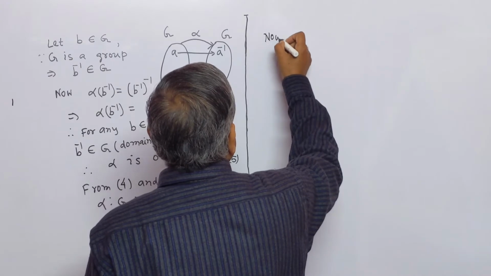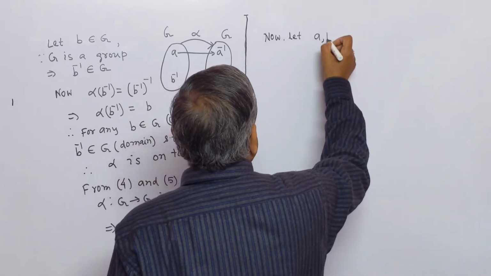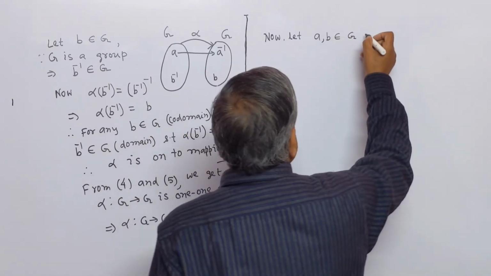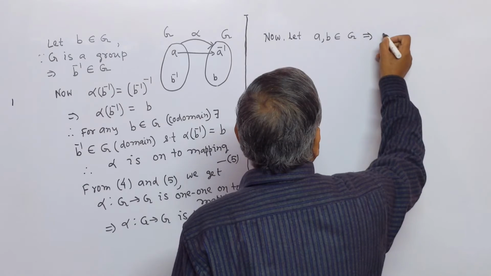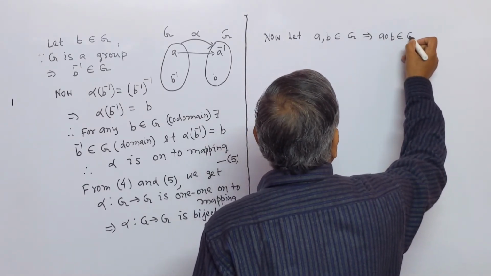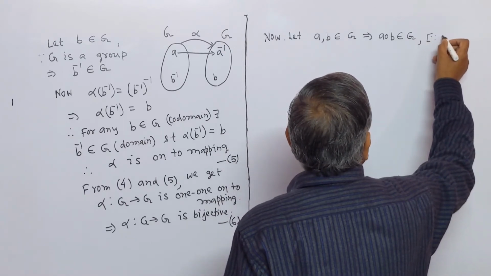Now, let A, B belong to group G, implies that A operation B belongs to G, closure property.